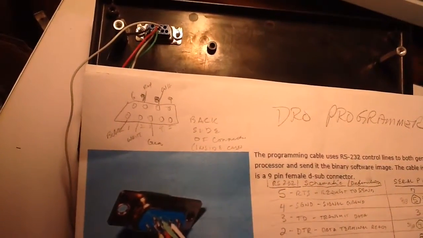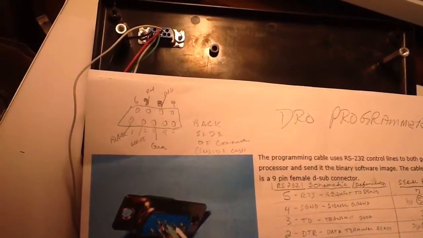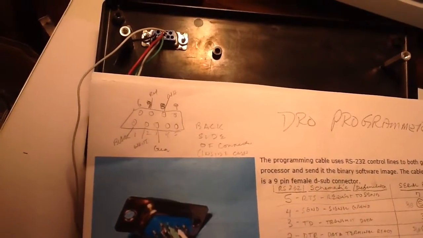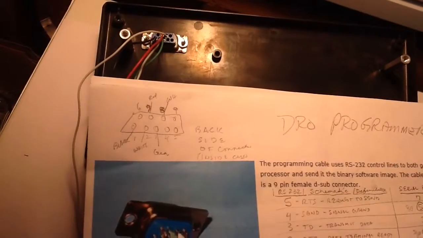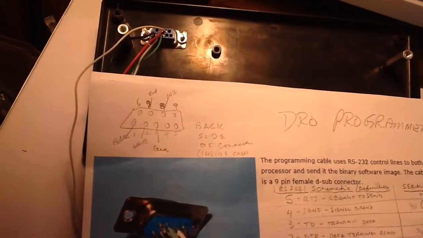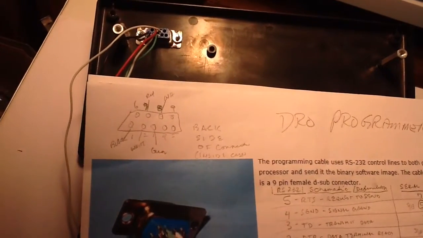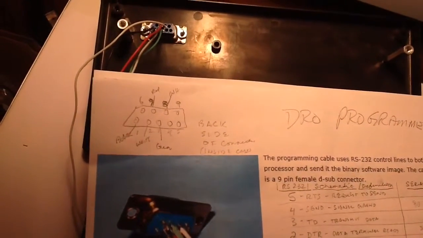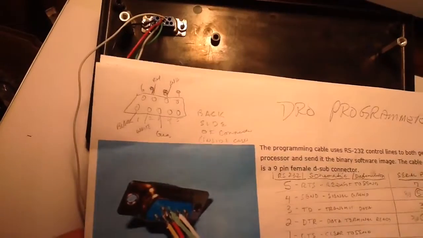So the black wire is in 1, there's a white wire in number 2, a green wire in number 3, and then in the row that only has 4 holes, there's a red in spot number 7 and a white in spot number 8. Okay, so that's what we got.